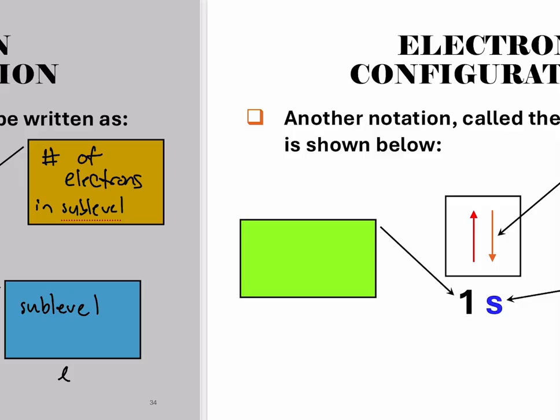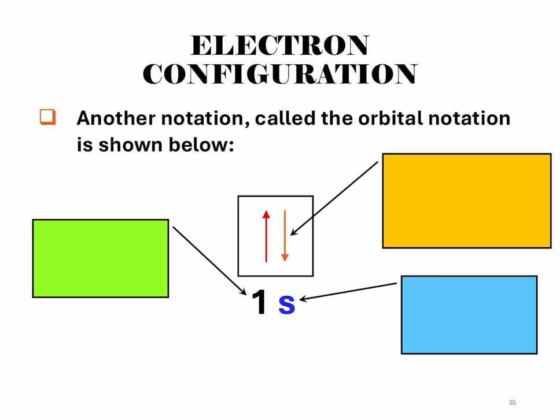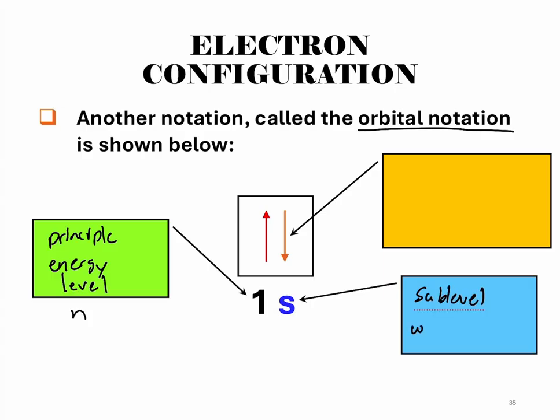And so this is the letters and numbers notation. This is what's called the orbital notation here. So here we also have the principal energy level, which is n. It's still the number. We have the specific sublevel, which is the quantum number l.